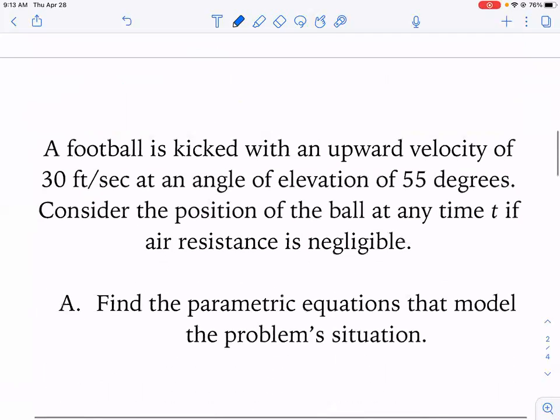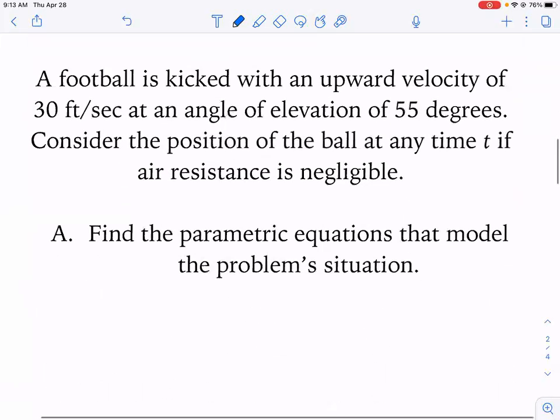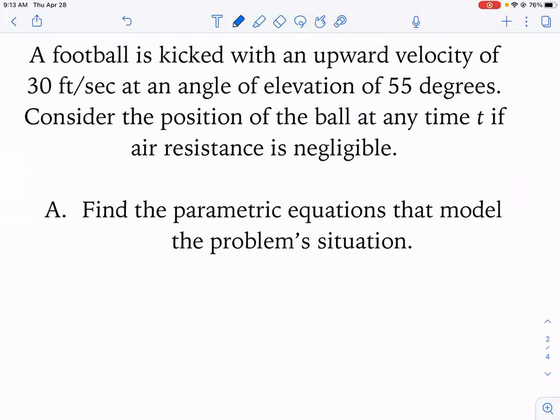So let's go ahead and talk about this scenario right here. A football is kicked at an upward velocity of 30 feet per second at an angle of 55 degrees. And we're not going to worry about air resistance.